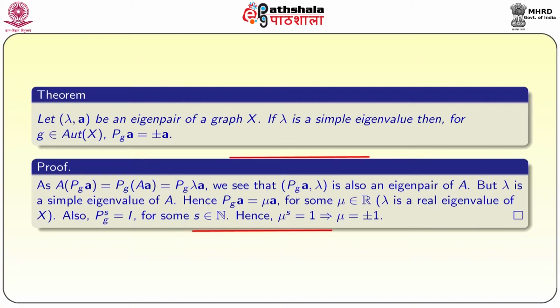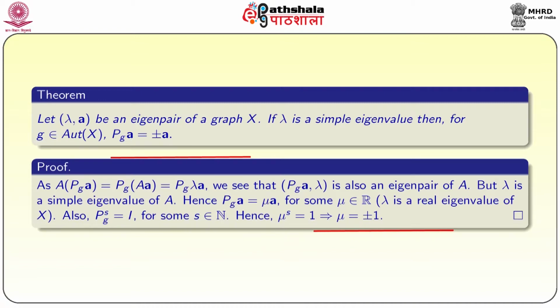But lambda is a simple eigenvalue of A. Hence, we have P_g a equals mu a for some mu belonging to R, a real number, as lambda is a real eigenvalue of X. It is because the adjacency matrix of a graph is a real symmetric matrix, and the eigenvalues of a real symmetric matrix are all real, which we proved earlier.